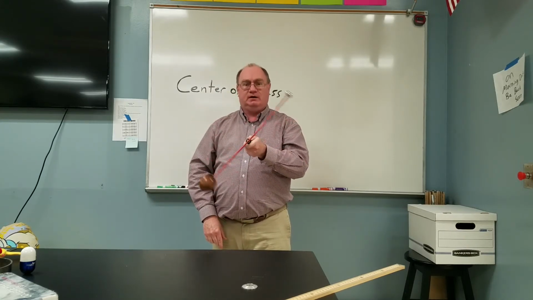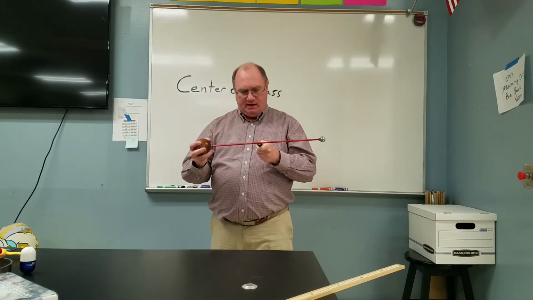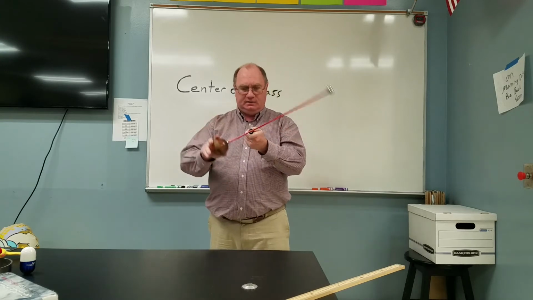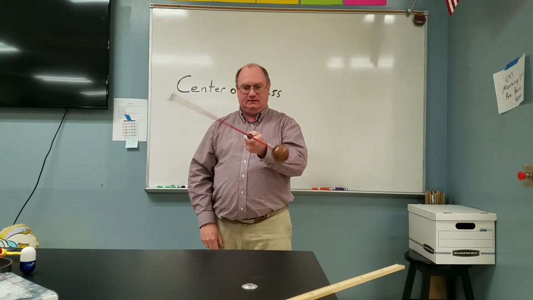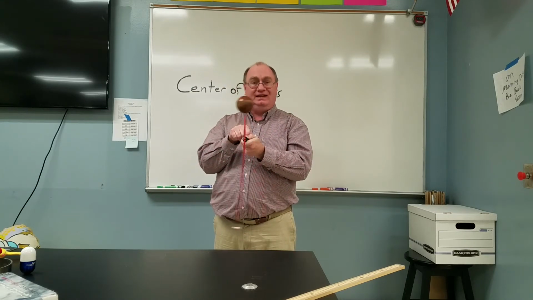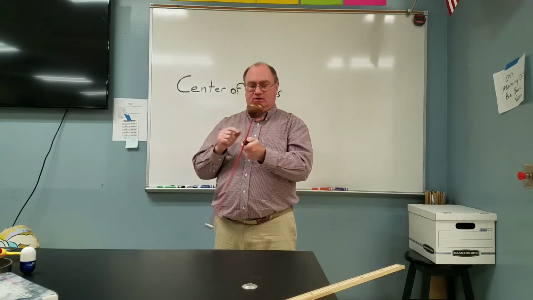It doesn't spin very well. But if I put it here, it should spin nice and easily, because the center mass is at that location. So again, things will naturally rotate around the center of mass.